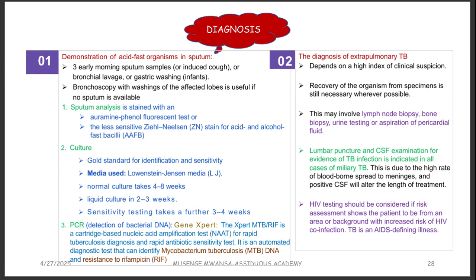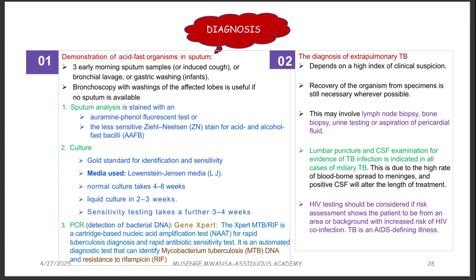In the OSCE writing questions, for each one you give investigations, mentioning at least three or four investigations, and for TB the investigation is very important.